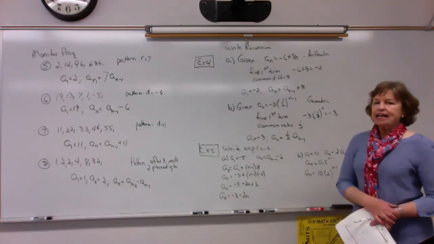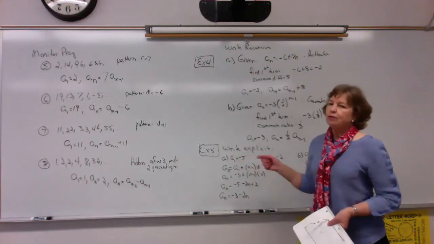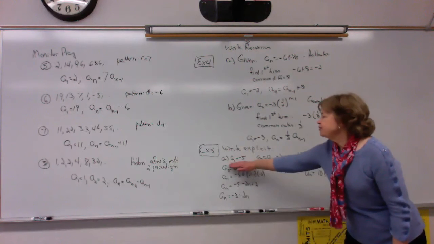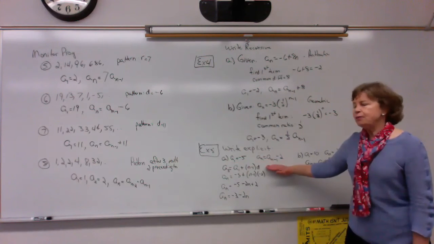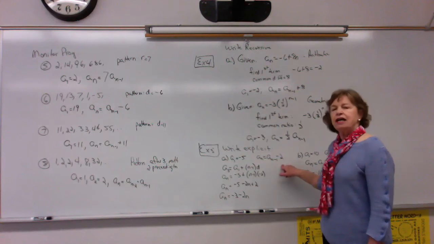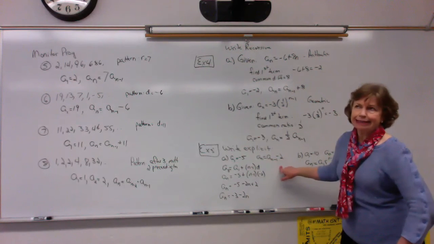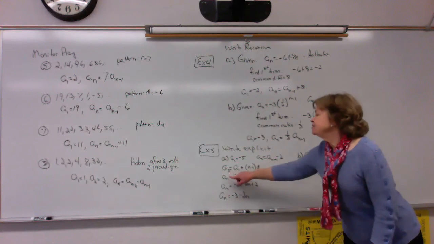Example 5 was going the other direction. Given a recursive rule, write the explicit rule for that. So given that their first term was -5, and they were related by subtracting 2 from the preceding term, goodness, I can write my general rule.